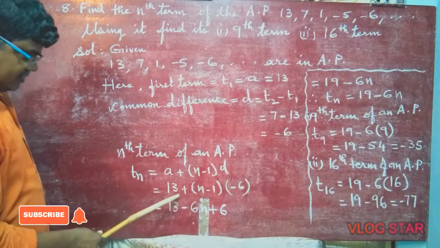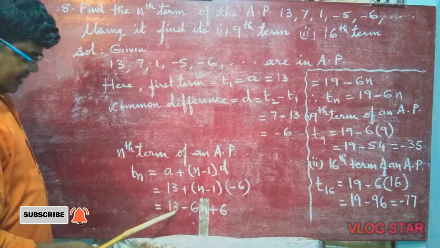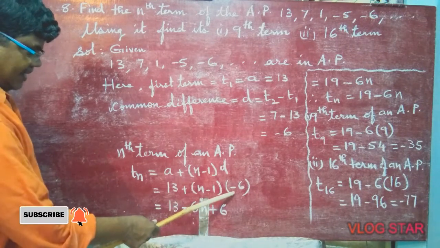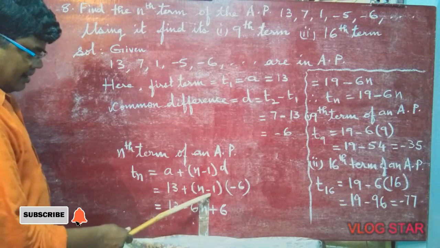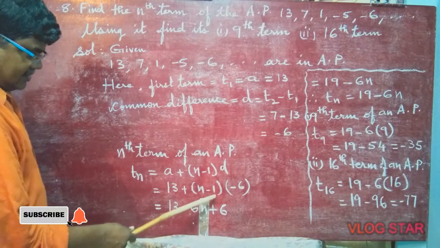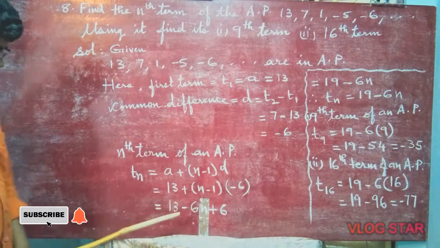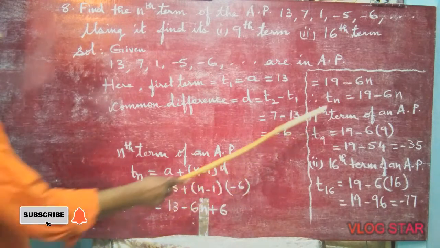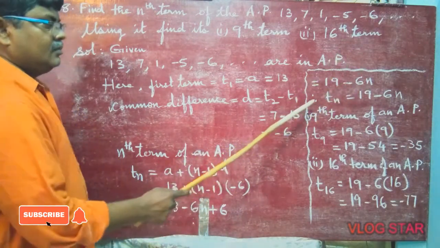Now multiply. This is first term, this is second term. 13 plus, into minus, minus 6 into n is minus 6n. Minus into minus plus, 1 times 6 is 6. So now we got 13 plus 6, how much? 19. 19 minus 6n.